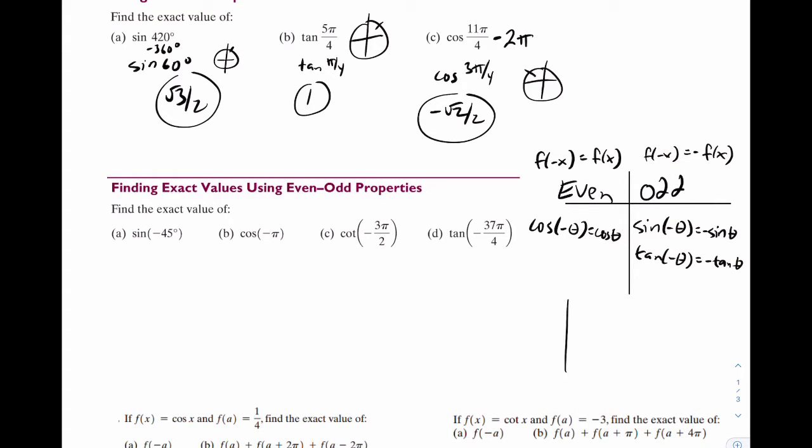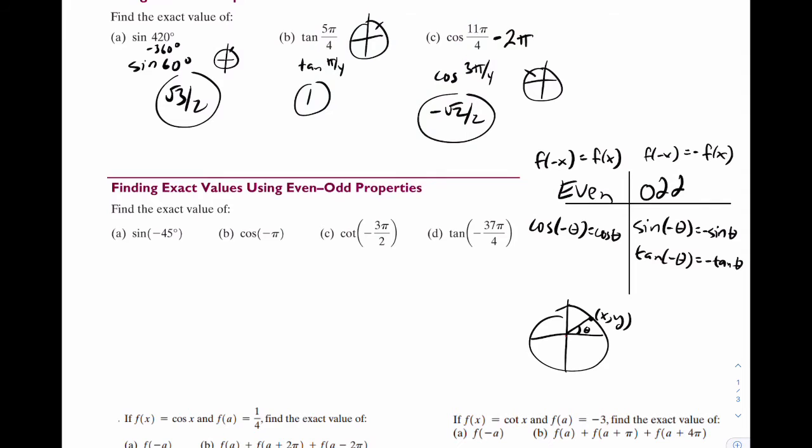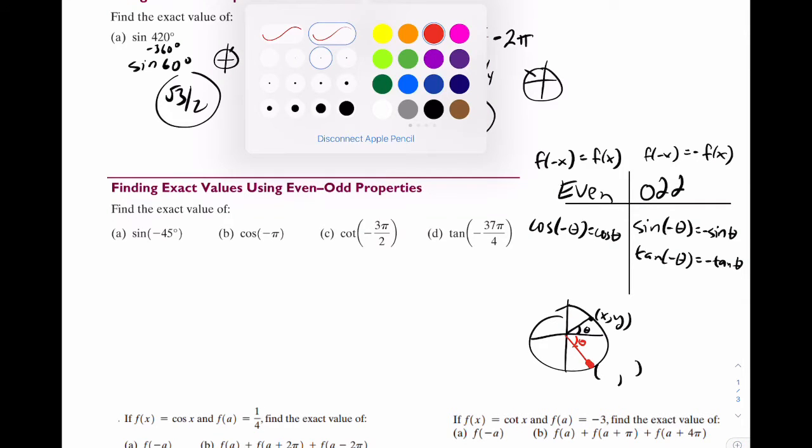Now if you're wondering why that is, let's draw a circle here. The reason is quite simple. If this is theta and this is x, y, let's use negative theta. Negative theta just means rotate the other direction going down. And look at the coordinate here. If the angle is the same, it's just negative instead of positive. That's negative theta.